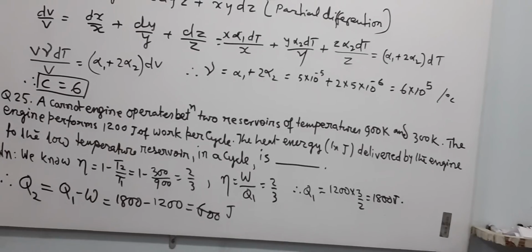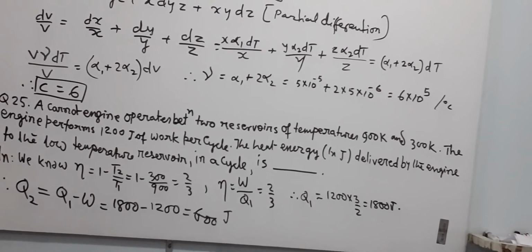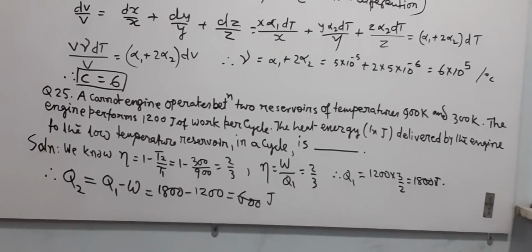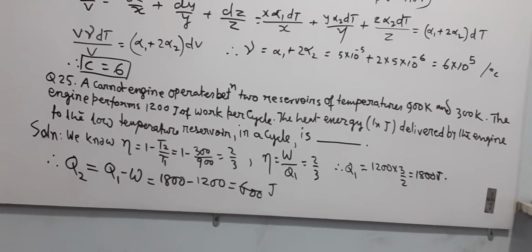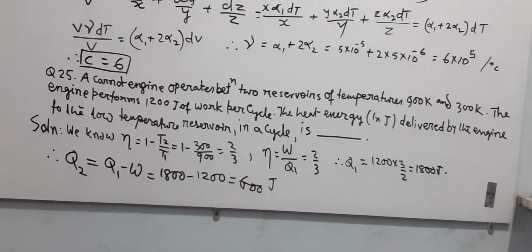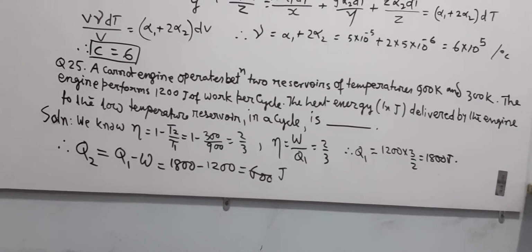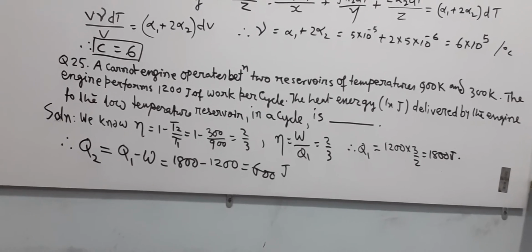Now, here we know efficiency we can write as 1 minus T2 over T1. So, here it will give us 2/3. Again, efficiency means work done divided by input heat energy.